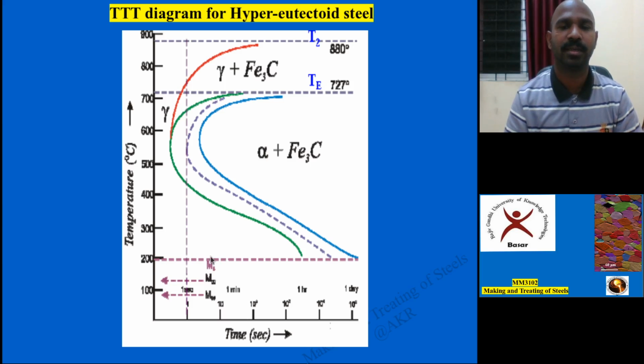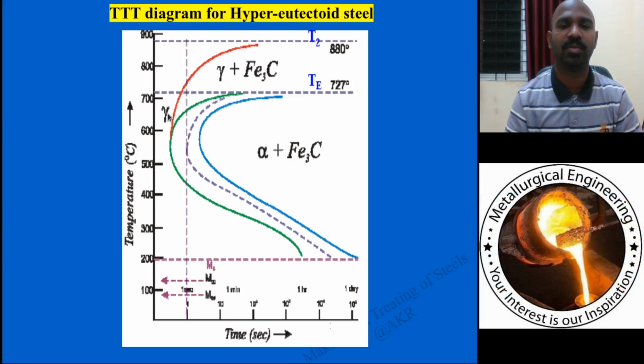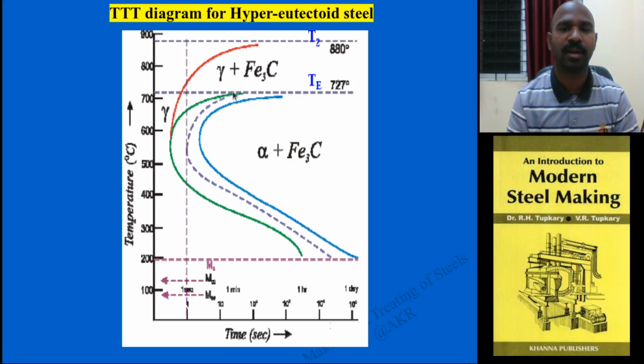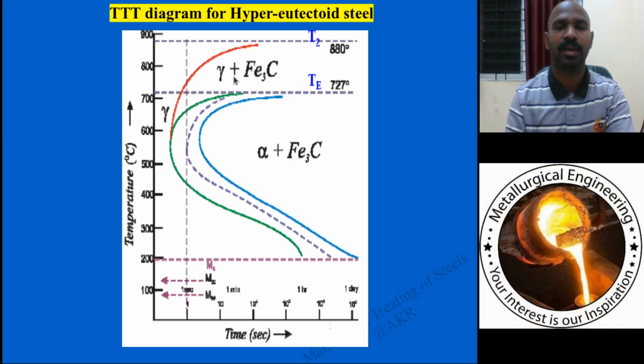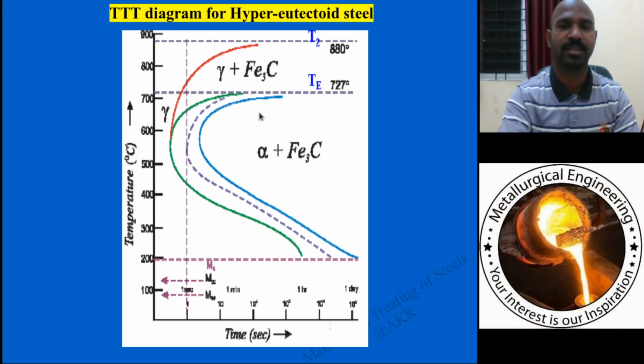This is the usual nomenclature, and this is austenite, this is the nose of the curve. This is what you need to draw. You can even draw it for the eutectoid temperature also. At the eutectoid temperature, this line will be here, where the alpha phase or gamma phase is converted into alpha plus cementite, that is for the eutectoid steel.